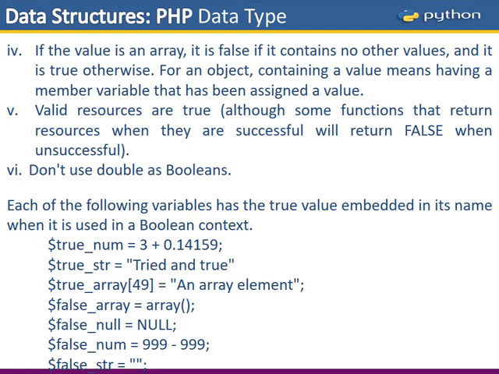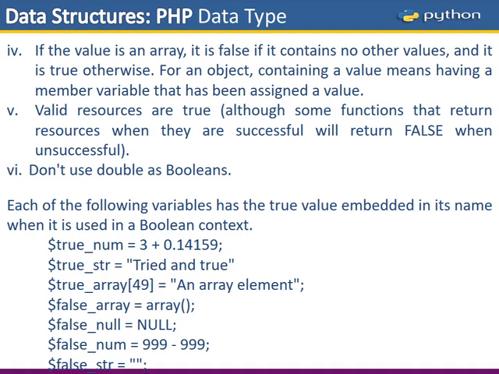So $false_array equals array with empty brackets, an empty array, known to be false. We have $false_null equal to null, which is known to be false.